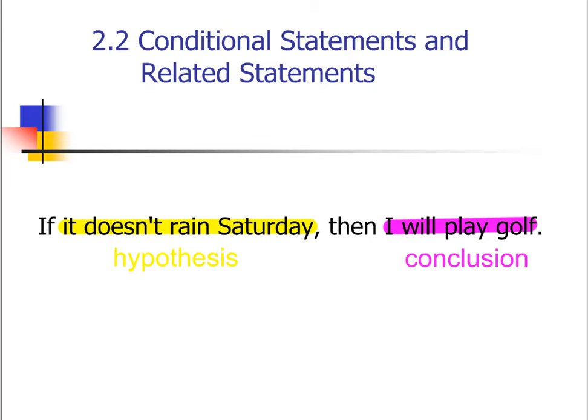Now, when we're talking just in general, we can talk about the hypothesis or the conclusion. Here we've got a specific hypothesis and a specific conclusion. But generally speaking, we just refer to the hypothesis as some clause P, and the conclusion is some clause Q. And logically, we write that in the symbols of logic: if P, then Q. That's the conditional statement in general.